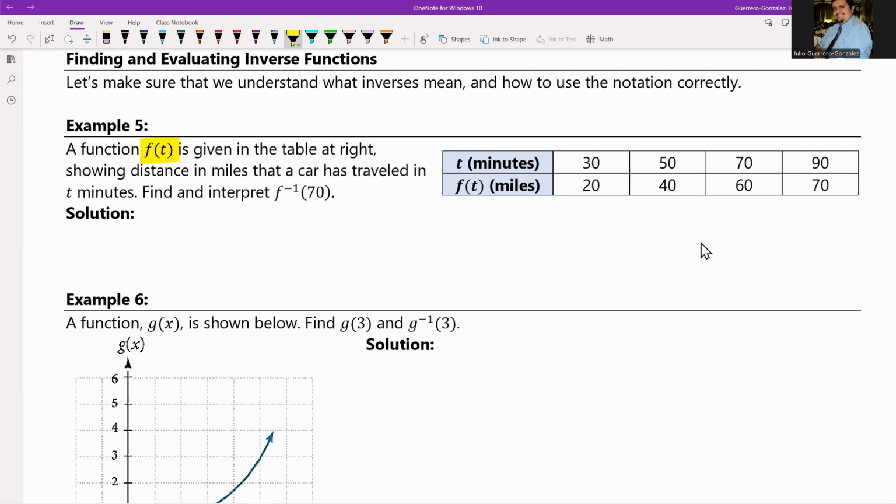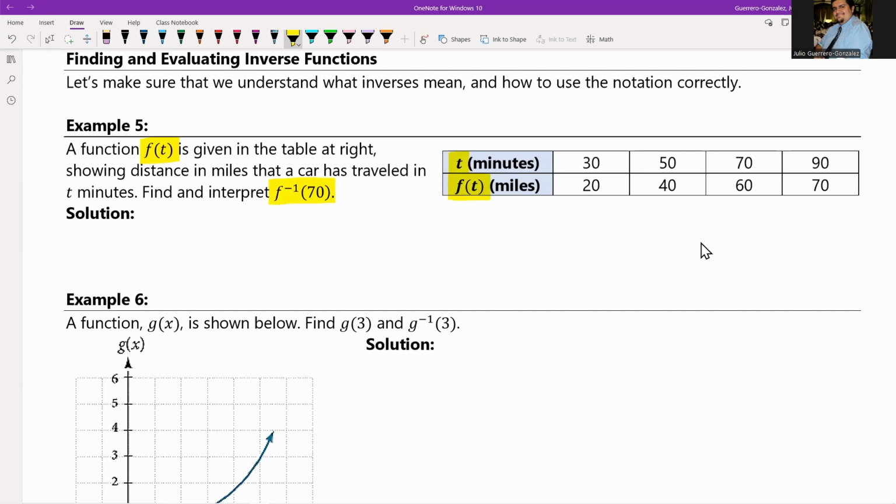So my input is t, my output f of t; my input is minutes, my output is miles. Got it? Now I want to interpret f inverse of 70. Just like I've been mentioning, f inverse grabs the outputs, turns them back into inputs.